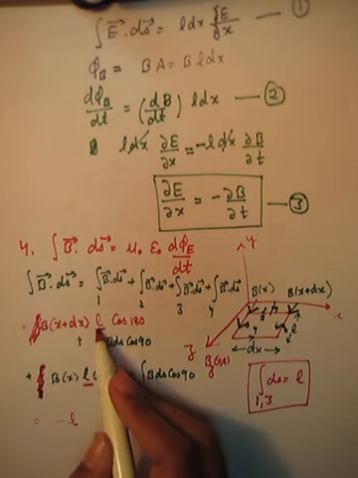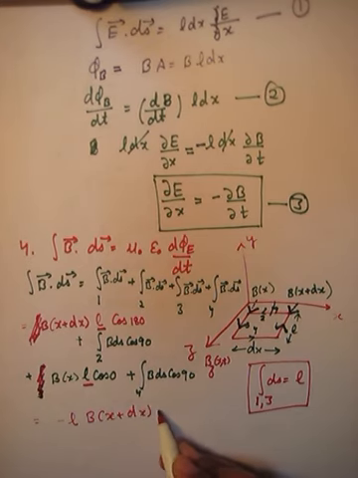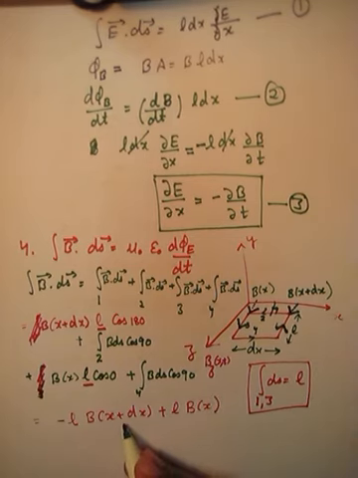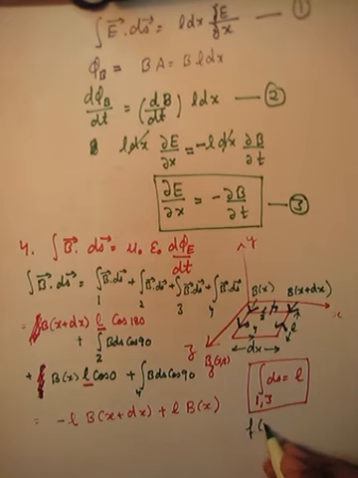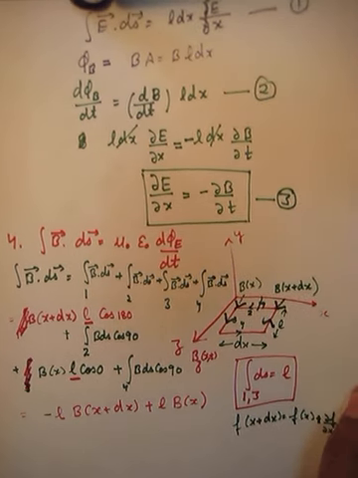So then this turns out to be minus L b of x plus dx plus L b of x. Now you know that this could be opened as f of x plus dx is equal to f of x plus ∂f/∂x dx.